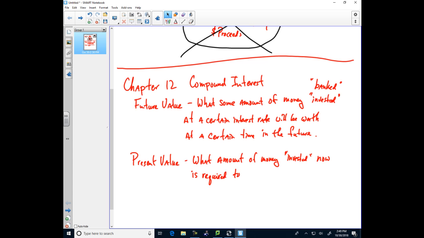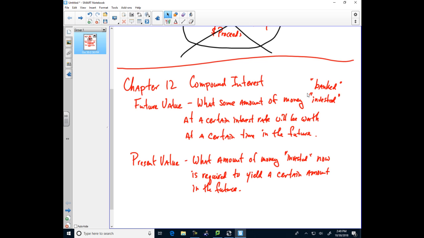Is required to yield a certain amount in the future. I'm not sure that makes that much sense.